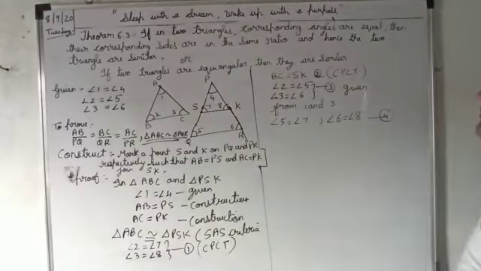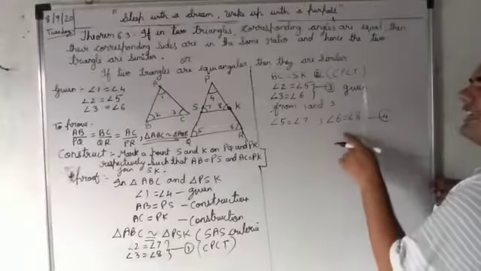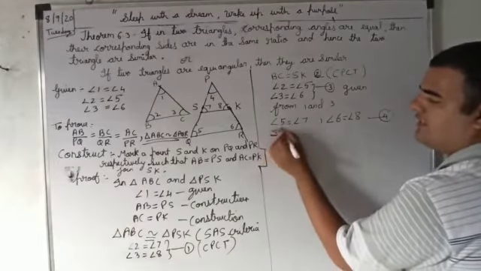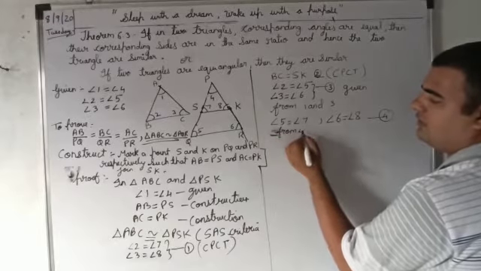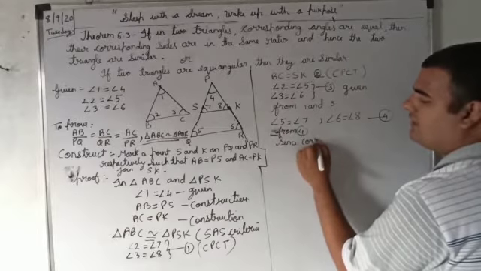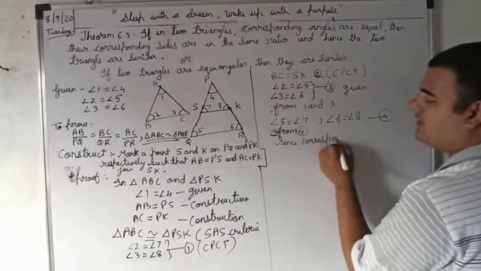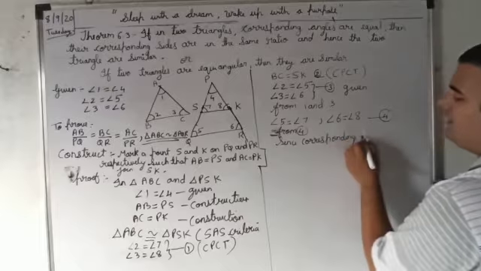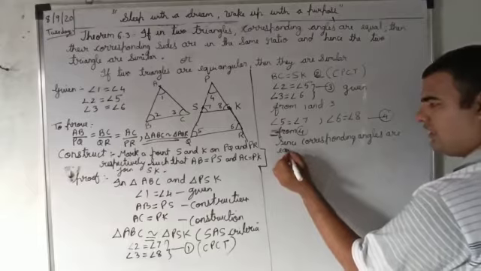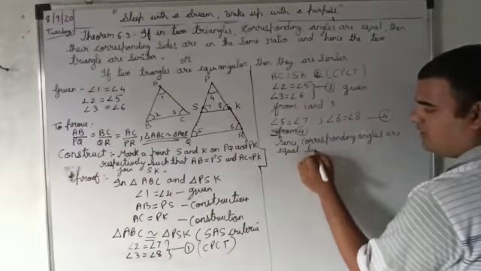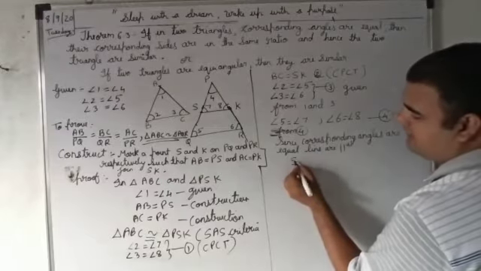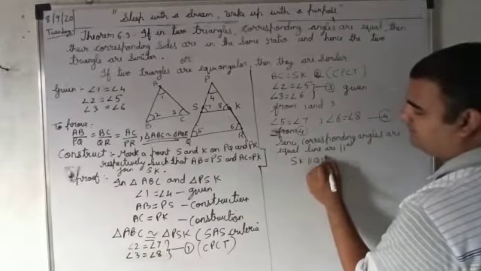So since corresponding angles are equal, the lines are parallel. That is, we can say SK is parallel to QR.